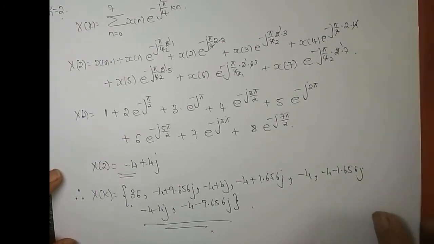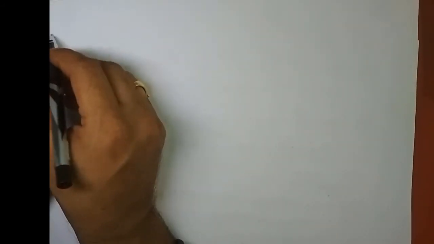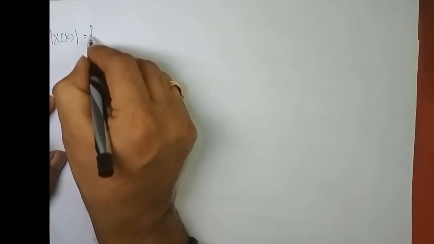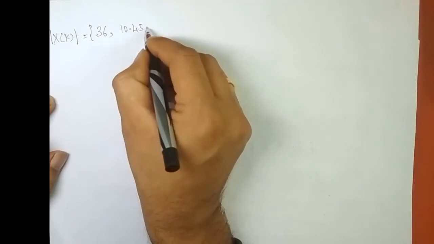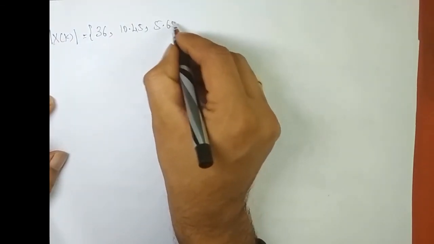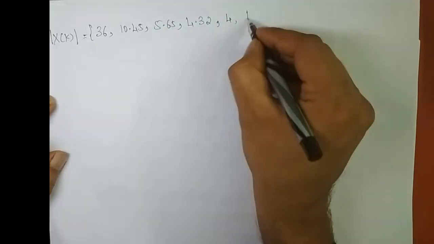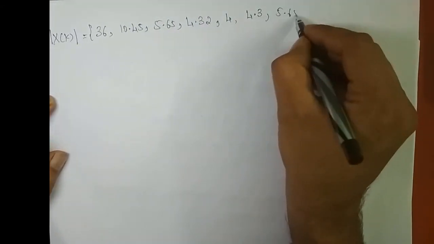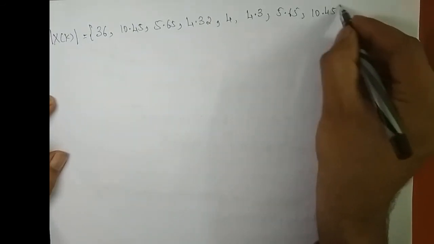What is the next thing I need to do? I need to find its magnitude and phase angle. So you just check your answers. So we get magnitude of x of k is equal to 36, 10.45, 5.65, 4.32, 4, 4.32, 5.65, 10.45.